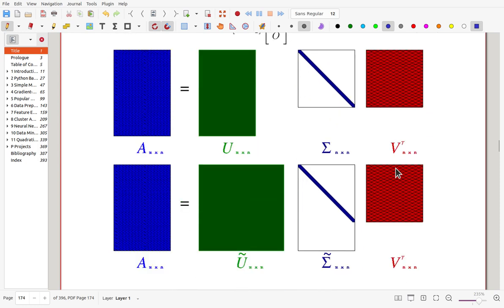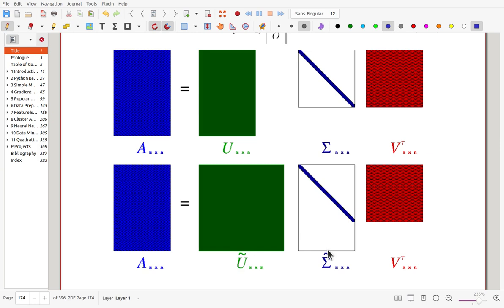But you may try to get the full singular value decomposition. Here U is a square matrix, a huge matrix, and V is also a square matrix. To match dimensions, sigma becomes a tall matrix. In this way, you can compute it.